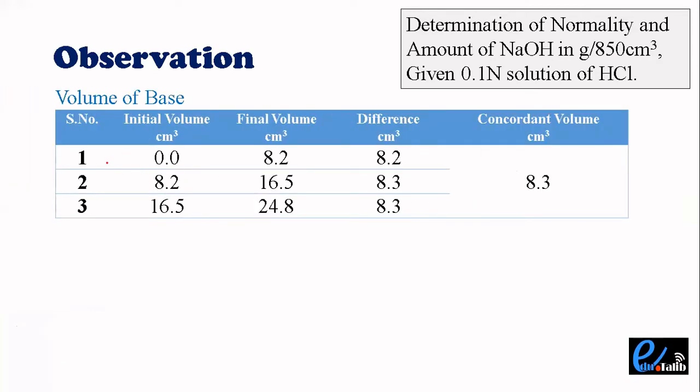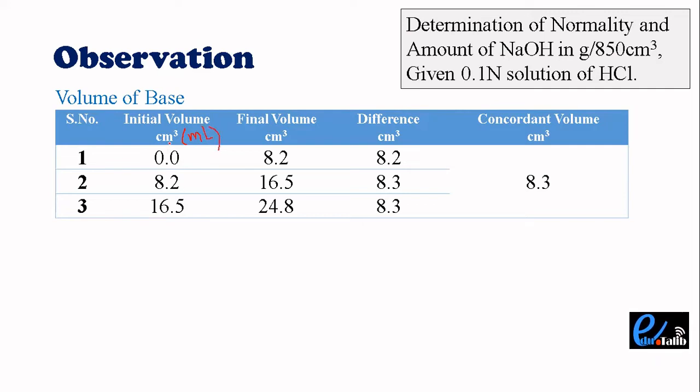So here's the summary. The first reading started from 0.0, that is, initially when you started the experiment, the burette was showing a volume of 0.0 centimeter cube. Let me tell you, centimeter cube and ml are the same thing.